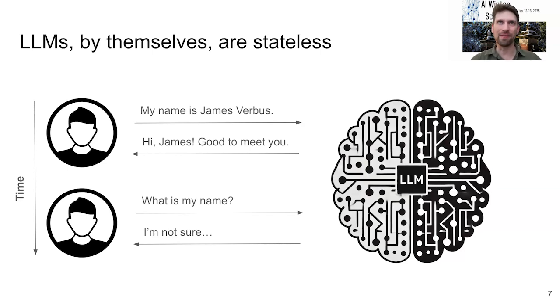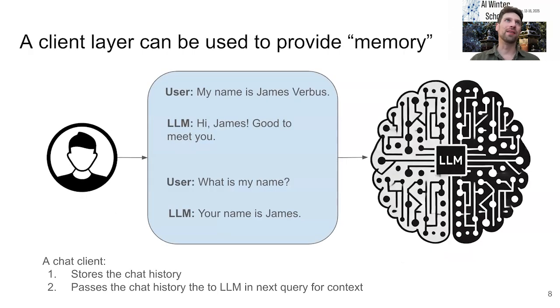The first is you give the LLM your name, and it'll respond with a reasonable response. However, if you ask in the next query, what's my name, it won't know. So the way that these chatbot services have worked around this is that there's a client layer that provides a memory of the history. That's represented by this blue box here. Basically, this client layer records all the prior interactions between you and the LLM.